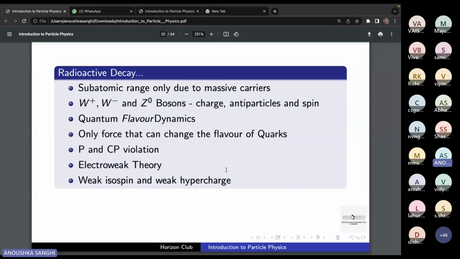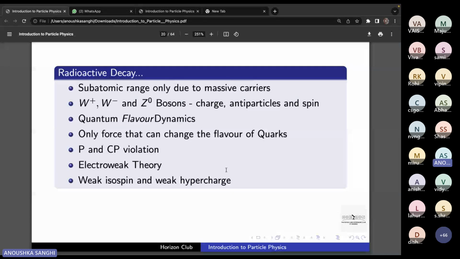And there is also P and CP violation, where CP is the charge parity violation and P is the parity violation. Before that, I'll also talk about the electroweak theory.